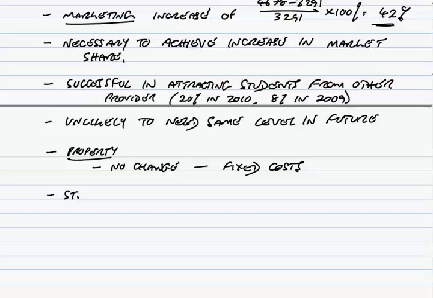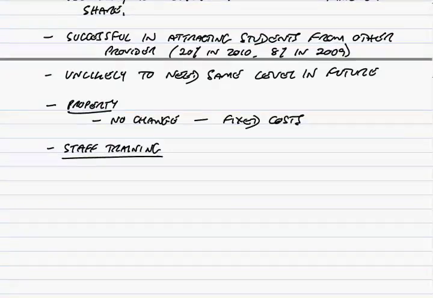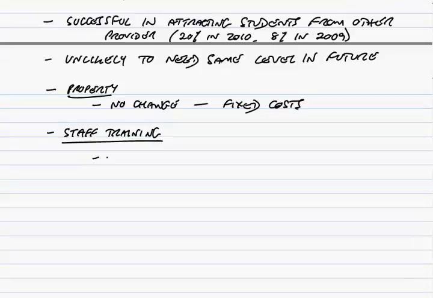Staff training. Well, this has gone up. It's gone up a lot, actually. There's been an increase of, I won't keep showing the workings, 3396 minus 1287 as a percentage again.